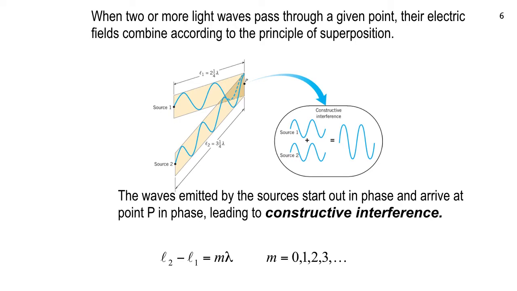If the difference between them is 0, then they have the same distance from both sources. But if it's one wavelength, m equals 1, you get constructive interference. And that's what this big rogue wave squiggle over here signifies. So there's your maximum amplitude combination signal.